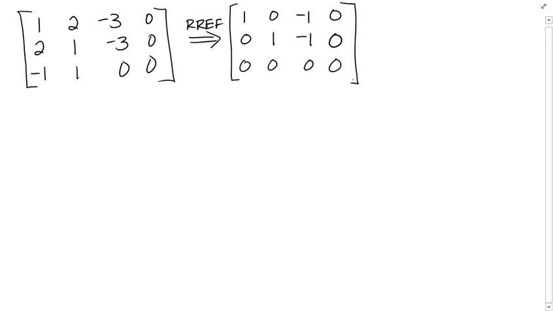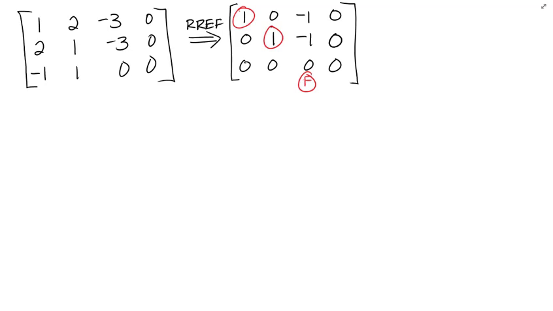And right there we see that we have a free variable: x sub 3 is free. That column does not have a leading term in it. Here's a leading term and here's a leading term, so x1 and x2 are basic variables. So that's going to have a free variable in it.